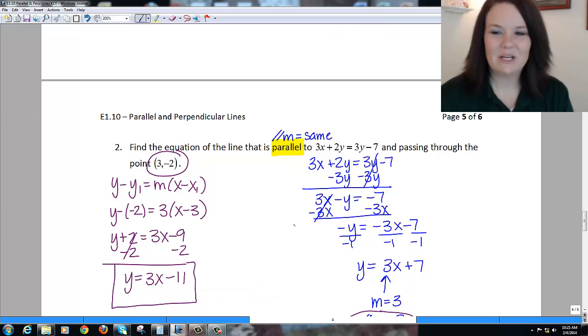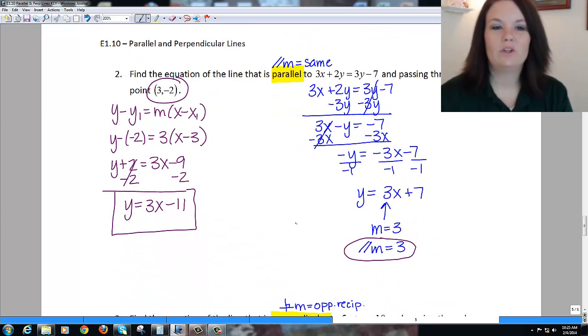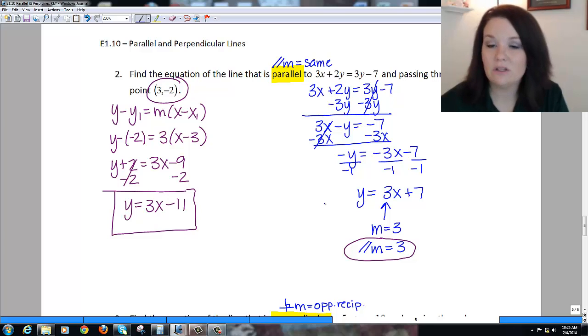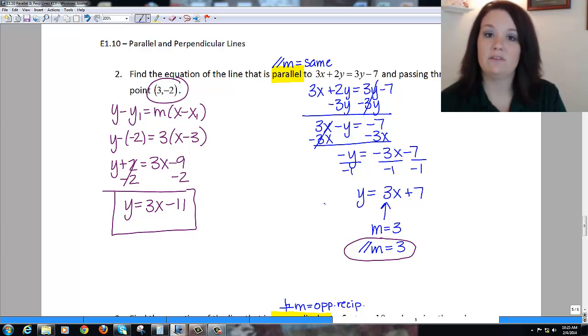Okay, so the second one, we're looking for the equation of the line that is parallel, meaning same slope, to this given line and passing through the point 3, negative 2. So we take the line that they give us and solve it for y. Once we get it solved for y, you'll notice that our slope is 3. I've highlighted here we want the parallel line, so that means our parallel slope will also be 3.